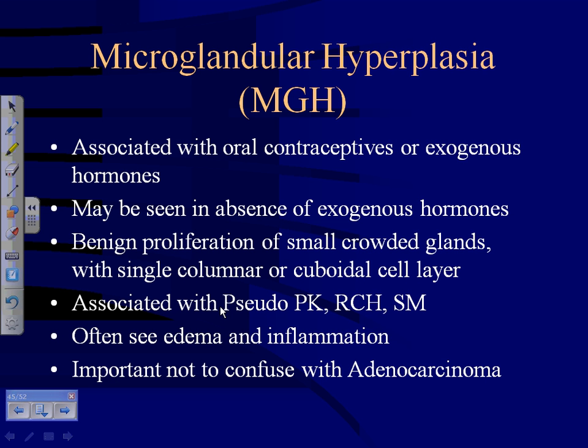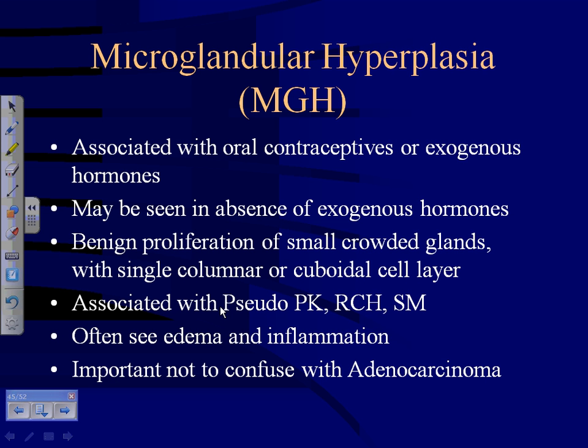They're seen more commonly in patients who are on oral contraceptives or other exogenous hormones, for instance, postmenopausal women on exogenous hormones. They may be seen, but they can also be seen in the absence of hormone therapy. It's a benign proliferation of small crowded glands with this normal endocervical layer.